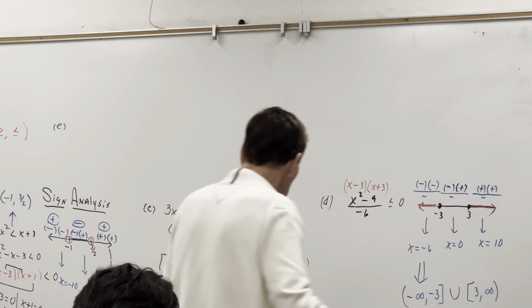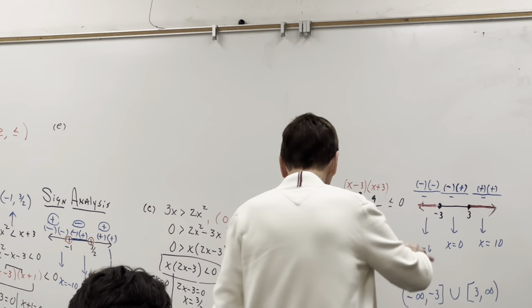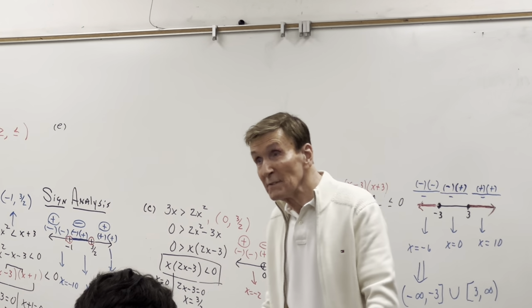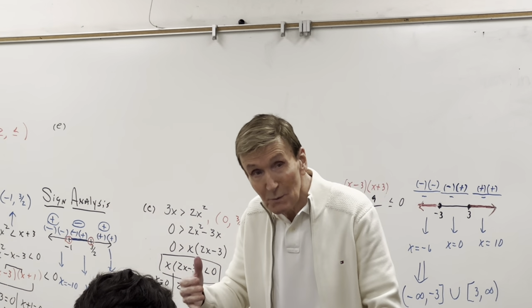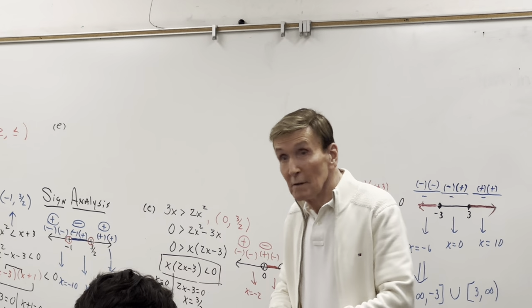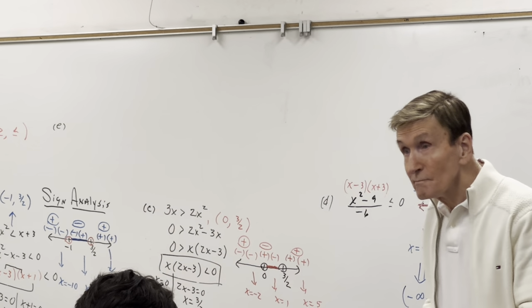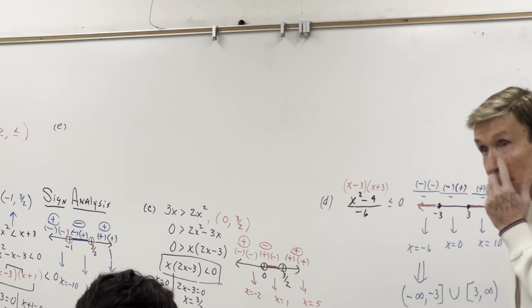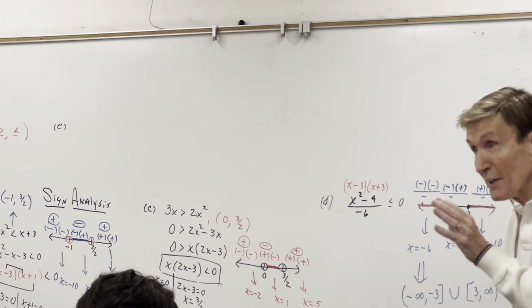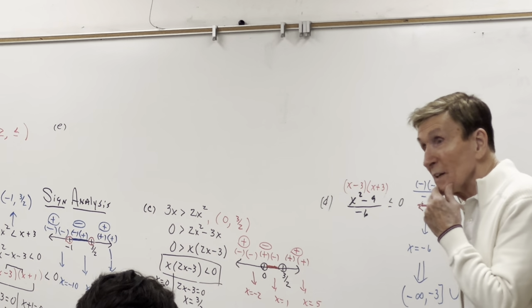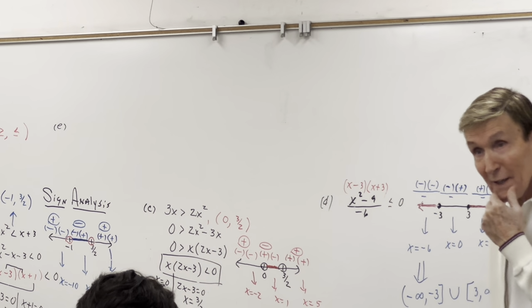Did anyone have an idea of what in the original problem I could have done that made some sense the way it looks, that may have helped me out with another approach? Anyone see it? And that's the trouble with math. Sometimes you just look at it and you don't see what is there in front of you. You're trying to make something difficult. There's something there in the original that may have helped us.